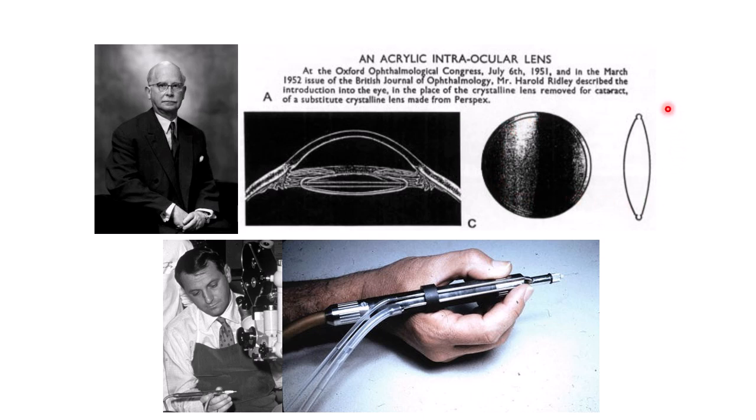This is the primitive design of the artificial lens proposed by Sir Harold Ridley. And the picture below is that of Dr. Kelman, who borrowed the principle of phacoemulsification from dentists and utilized it to emulsify the nucleus of the cataractous lens, which we know today as phacoemulsification.